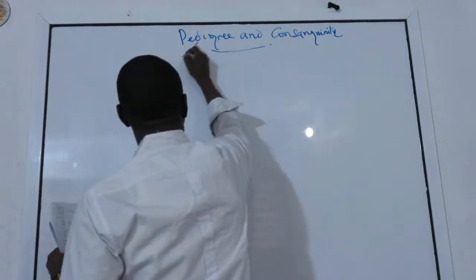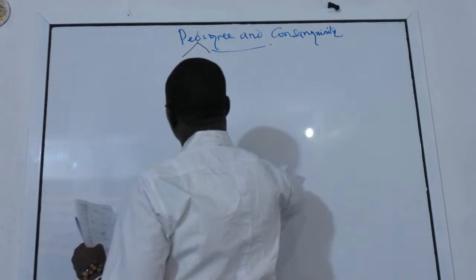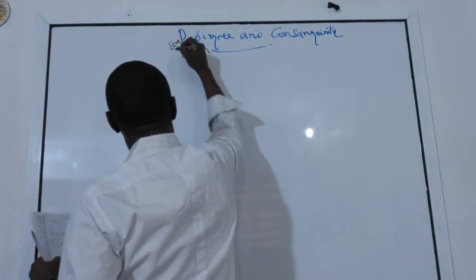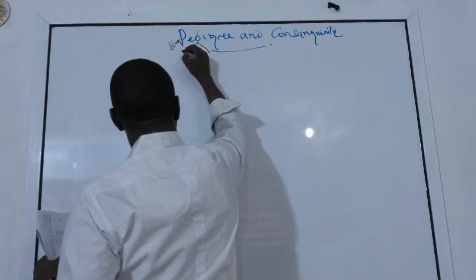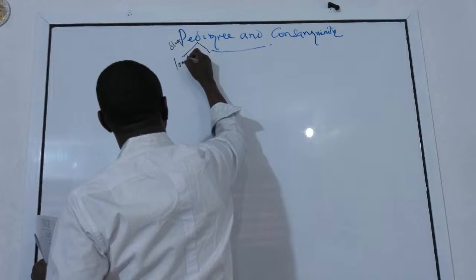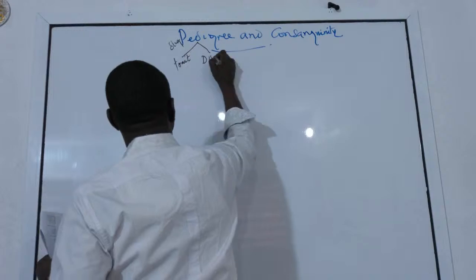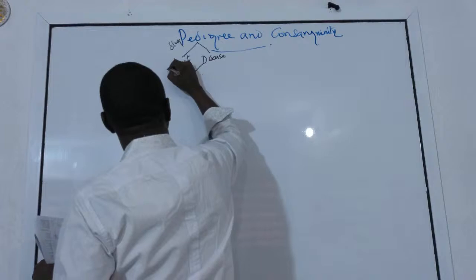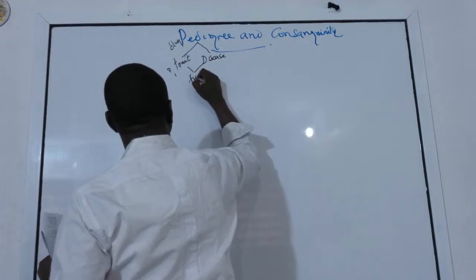We use pedigree in genetics to represent a trait or disease that can be passed from parents to future generations.